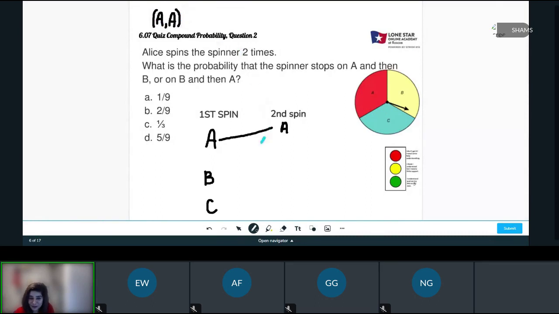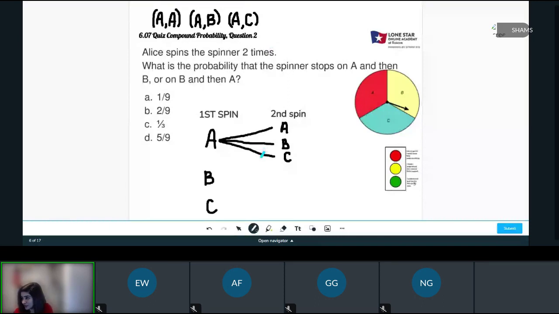Or maybe the second spin is not an A, but a B. So first spin might be A, but second spin might be a B. Or maybe the second spin was not a B, but a C. That creates this third possibility. Then I would say, first spin will be an A, second spin could be a C. This creates your 3 possibilities for spinning the spinner twice.